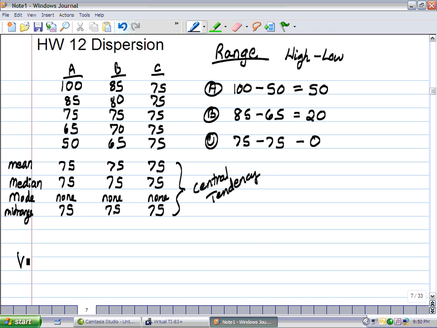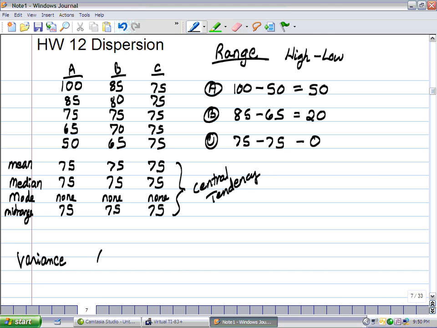Next thing that we're going to look at is the variance and the standard deviation. Variance means to change, vary, and deviation means away from. To deviate from something is to be away from it. We're going to deviate from the mean. So the standard deviation from the mean is the full idea.